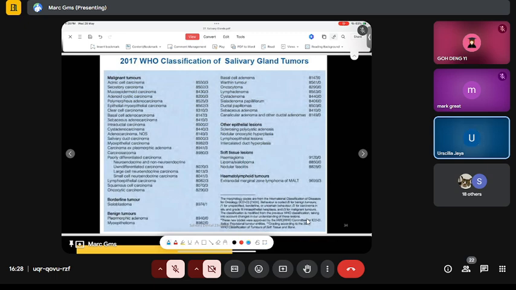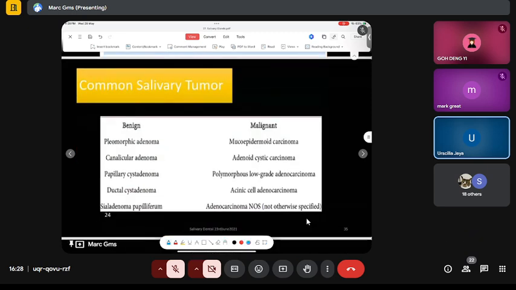Okay. So these are the common ones. You have a lot of tumors that can arise, like the previous slide they showed from the WHO. But these are the common ones. I think if you focus on the common ones, you'll be on the safe side, because otherwise there's just too many.